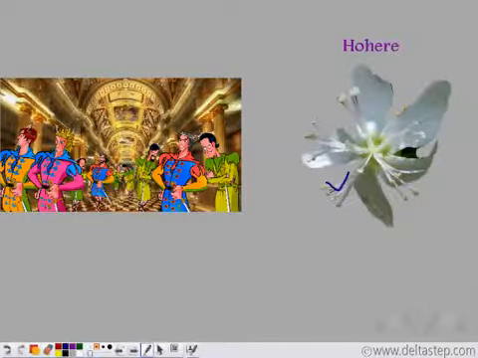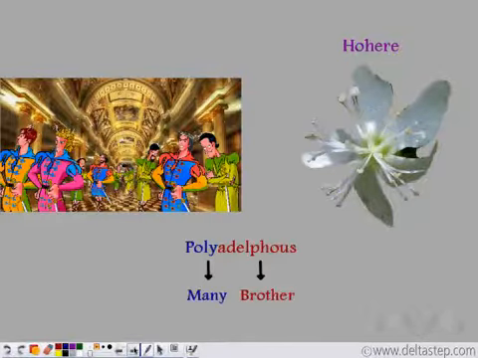This is one group, this is another group, this is the third group, fourth group. So there are multiple groups of stamens. And this arrangement of stamens is known as polyadelphous. Poly means many and adelphous means brother.